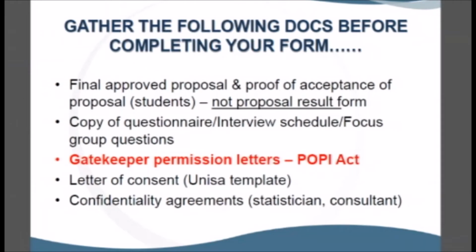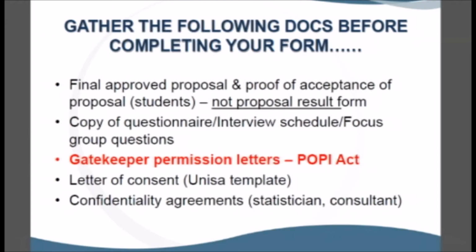So it is not the proposal result form, it is the officially stamped form that says you have successfully completed the research module so that you can continue with your official master's or doctoral studies.